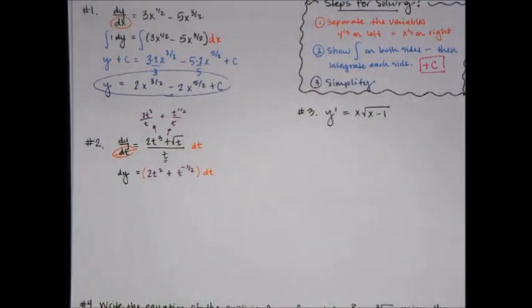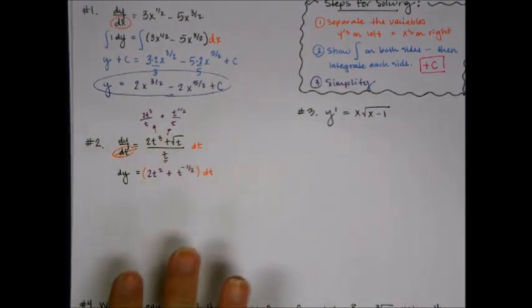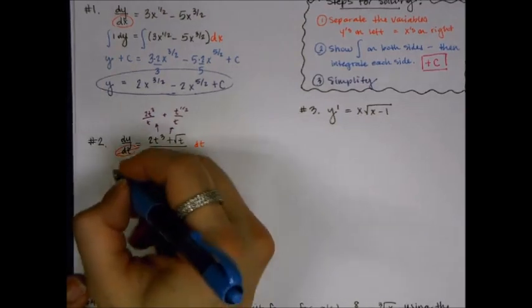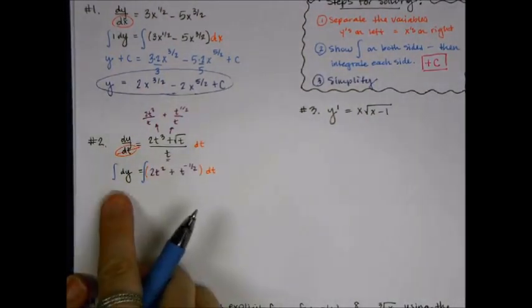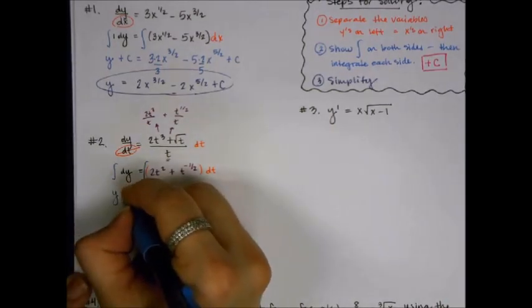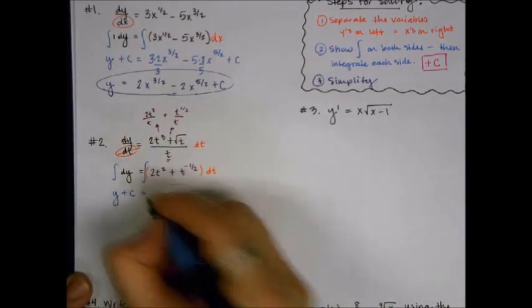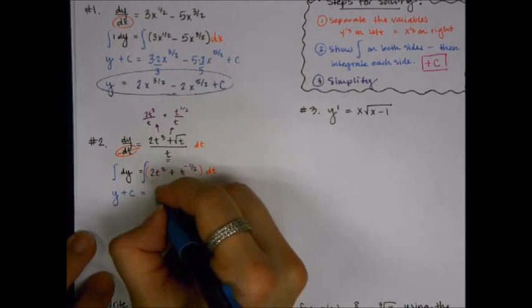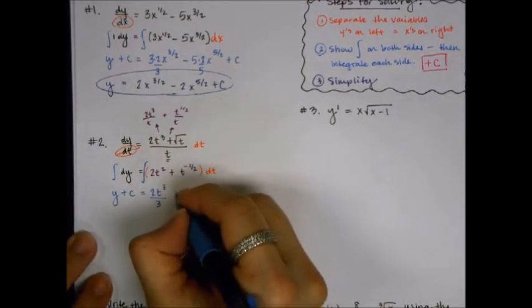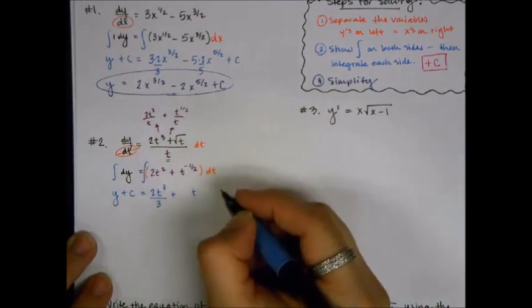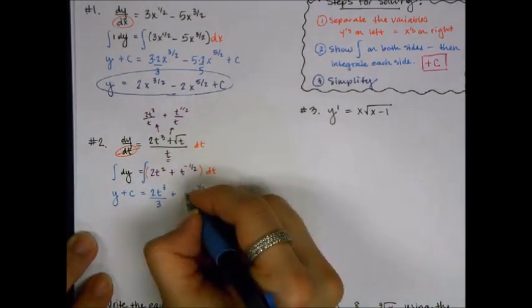All right, so now it looks more like problem number 1, and we can show our integrals. So on the left, we're going to get y plus c is equal to, on the right side, 2t cubed divided by 3 plus t to the power 1/2 times 2 plus c.